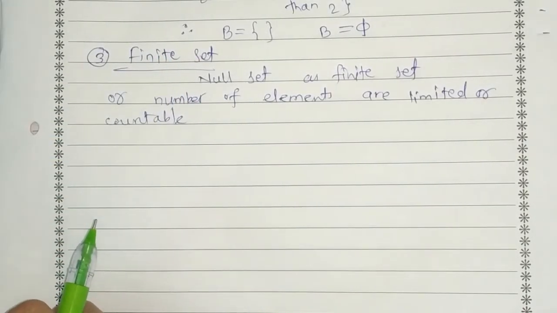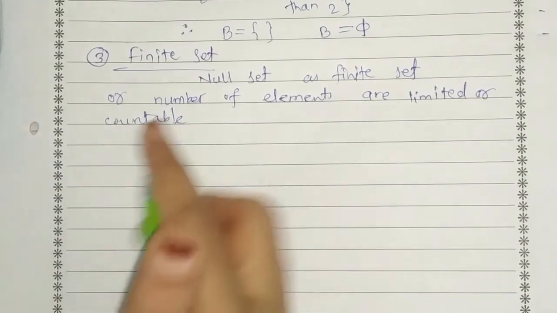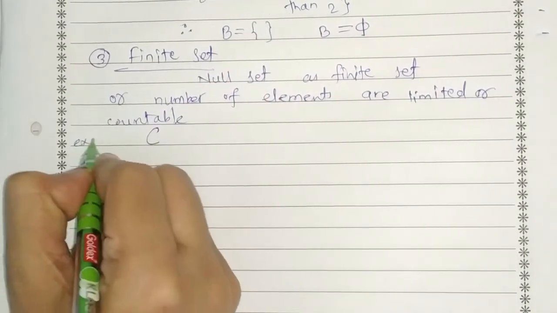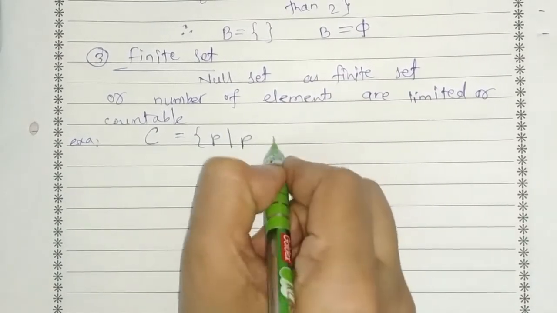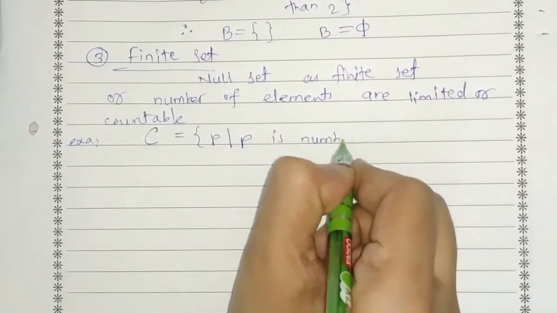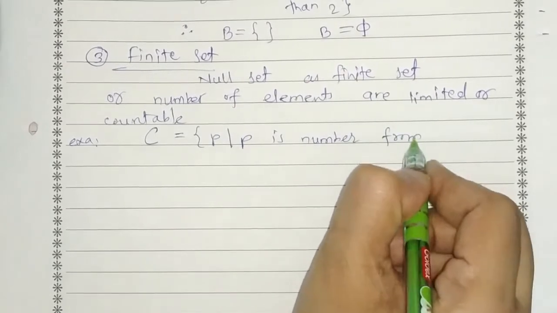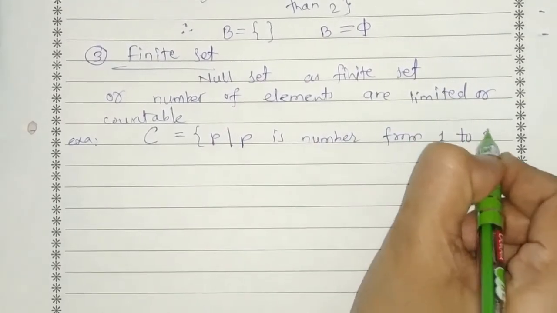For example, you have a lot of examples. Set C is a set of p's where p is a number from 1 to 10 divisible by 2.